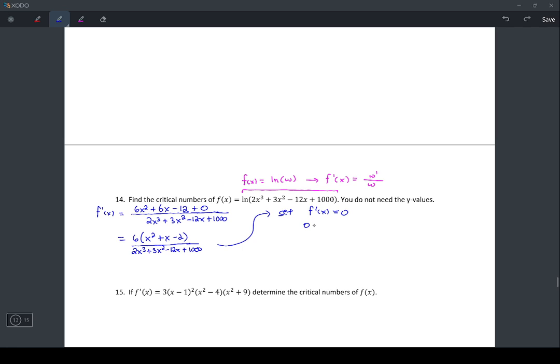So we have 0 equals 6 times x squared plus x minus 2 divided by 2x cubed plus 3x squared minus 12x plus 1000. I'm going to cross multiply by the denominator.